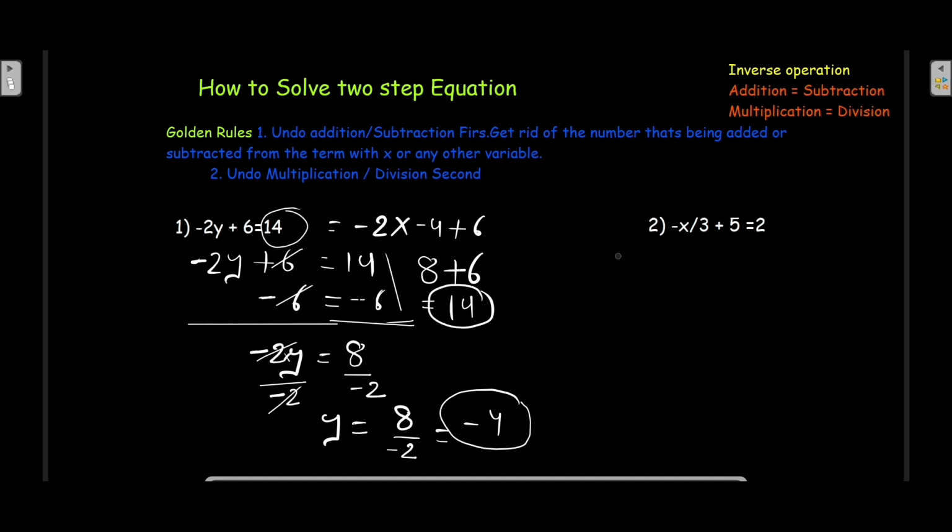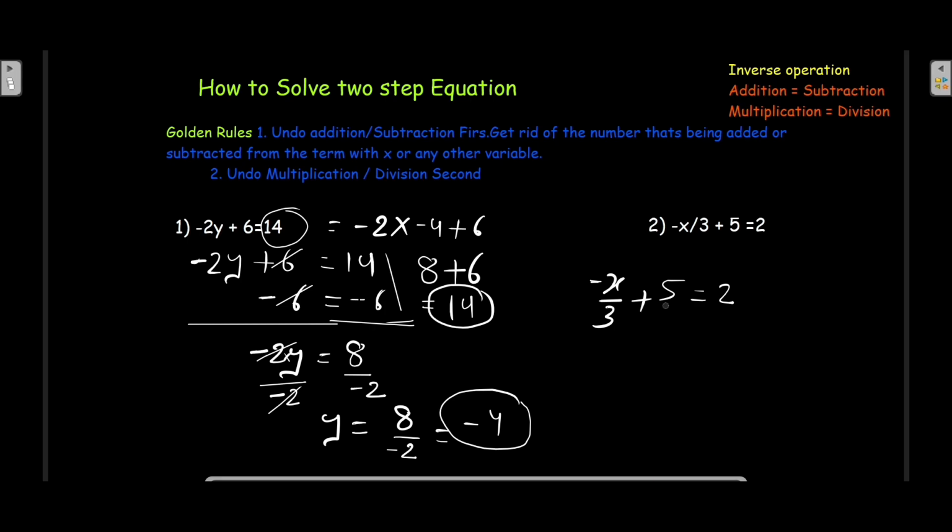So moving to our next question, which is, I'm going to rewrite it here: -x/3 plus 5 is equal to 2. So we have to undo this 5 first, because we have to undo addition and subtraction first. Then after that, we have to do division or multiplication.